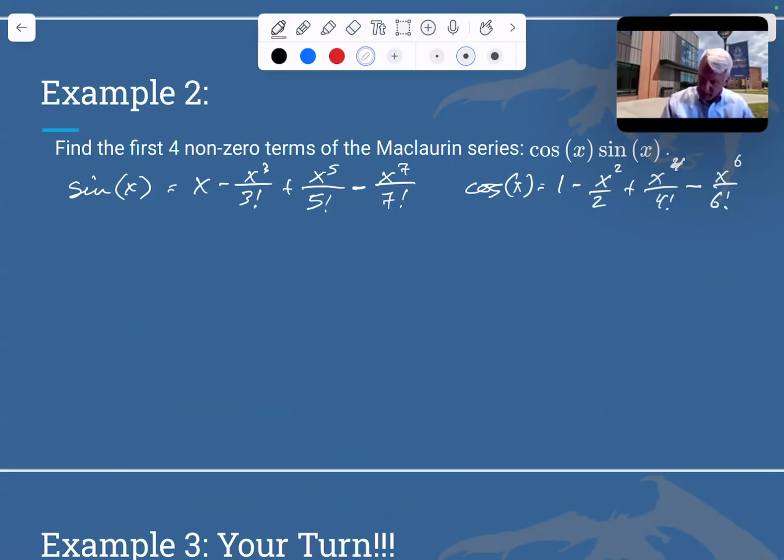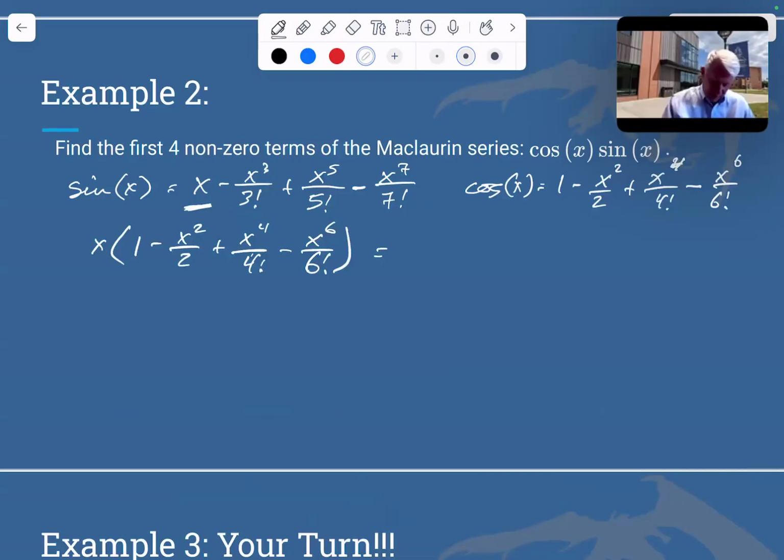All right. So now what happens? Well, if I take sine times cosine, then in essence I've got this x times this. So I'm taking this first piece and I'm going to multiply it times my cosine. I could have done it either way, but I'm just taking sine times cosine. So 1 minus x squared over 2 factorial plus x to the fourth over 4 factorial minus x to the 6 over 6 factorial.